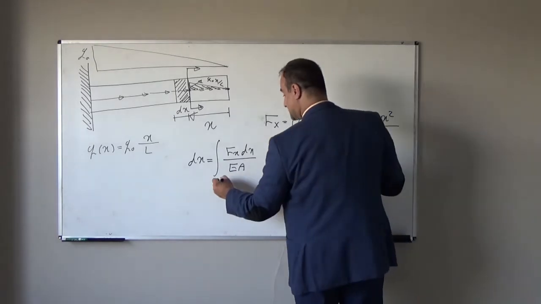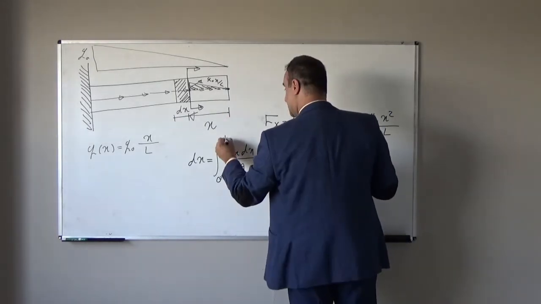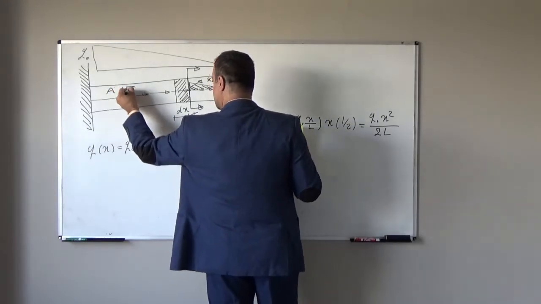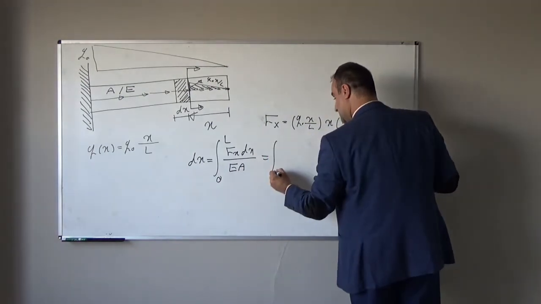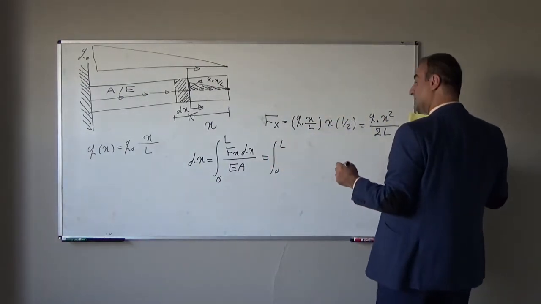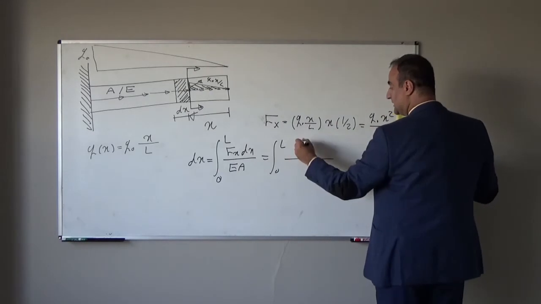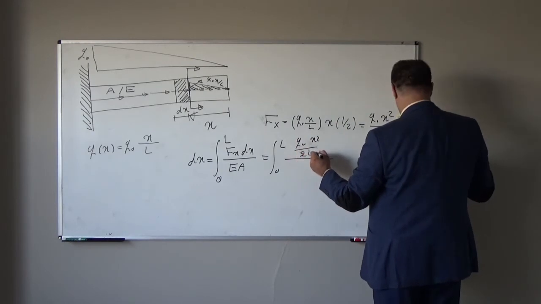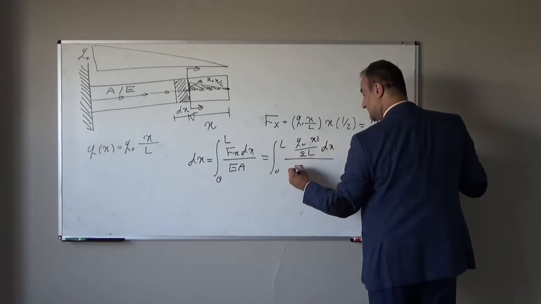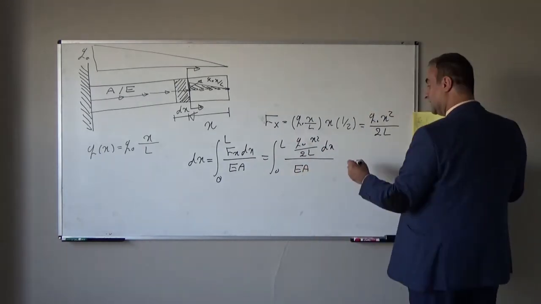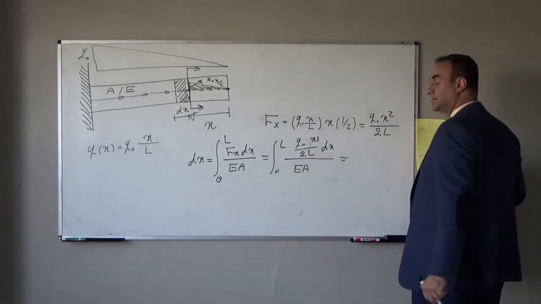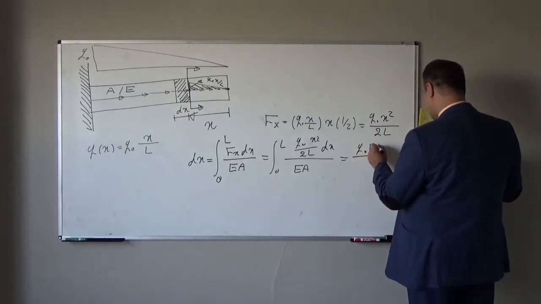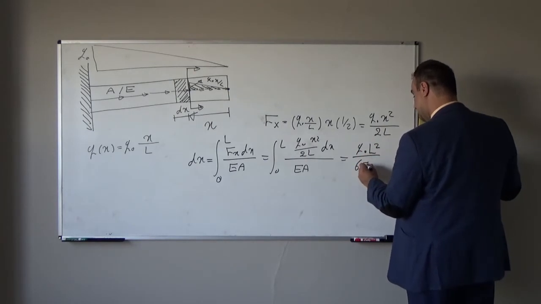X varies from 0 to L. Entire length it is L, cross-sectional area it is A, and Young modulus it is E. So it will be integration from 0 to L. Instead of fx, we will plug from here Q naught x squared over 2L times dx over EA. After we integrate this term, we will end up with Q naught L squared over 6EA.